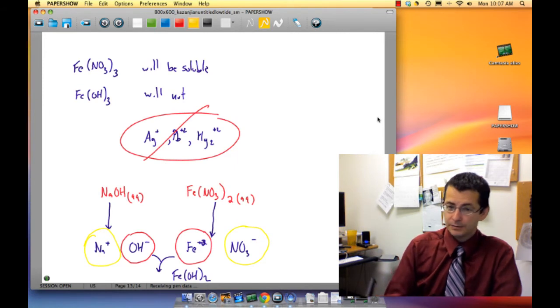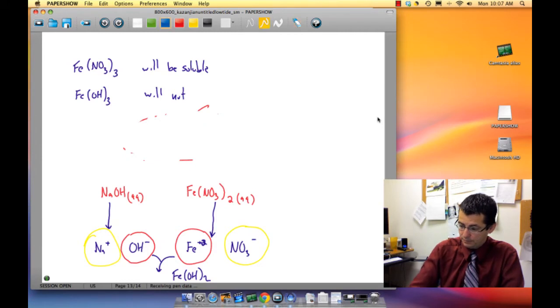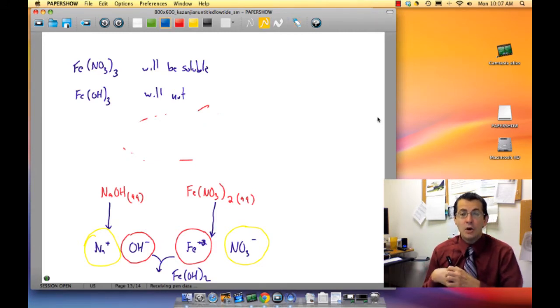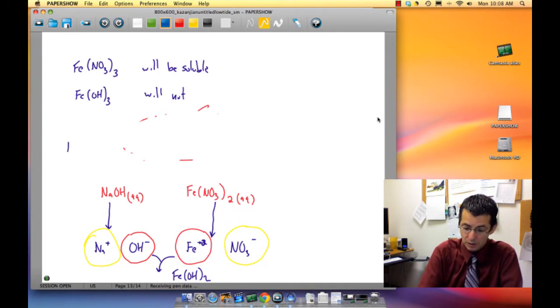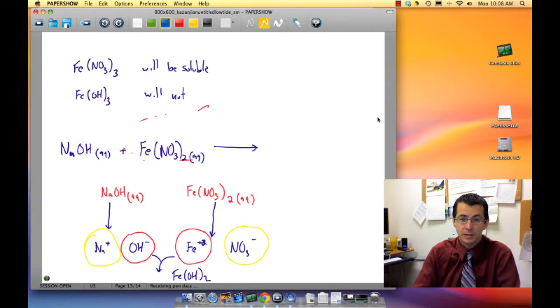Well, going back to this iron, the molecular equation is the overall reaction. What happens? We mix our sodium hydroxide, aqueous, plus our iron 2 nitrate, also aqueous, and there's a reaction that proceeds to form iron hydroxide plus whatever's left over in solution.